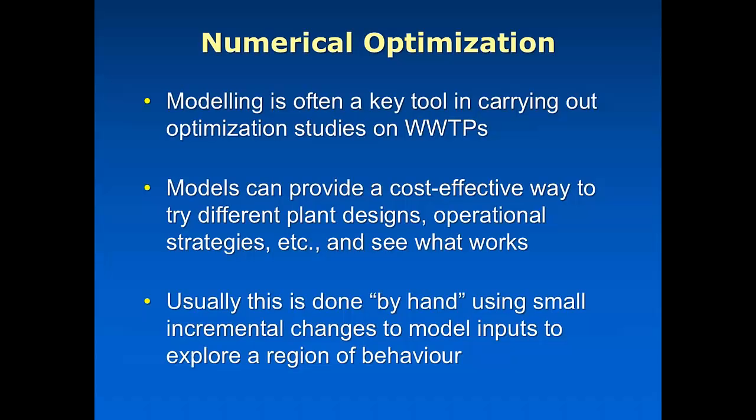So in that sense, you are doing optimization in that way, but you're doing it manually by hand, by making small changes to a number of the model inputs, maybe one at a time or two at a time, in order to explore a region of performance, a region of behavior of your particular plant, and try to push it in the direction that you want it to go to achieve a specific objective there.